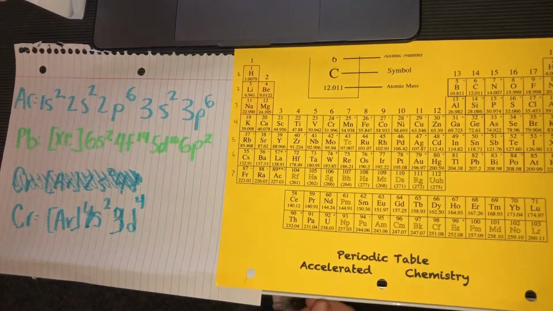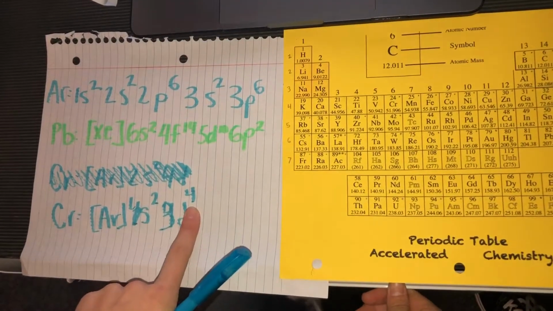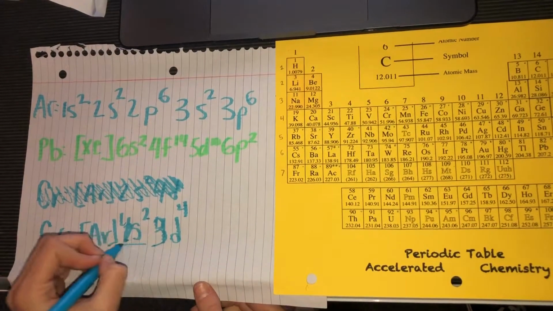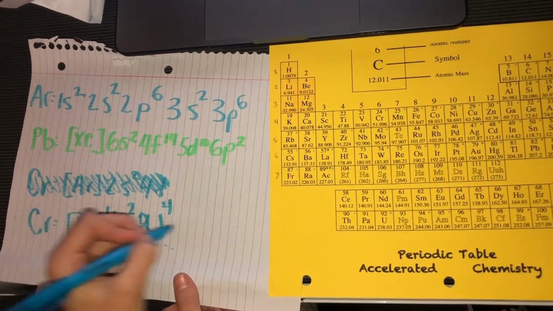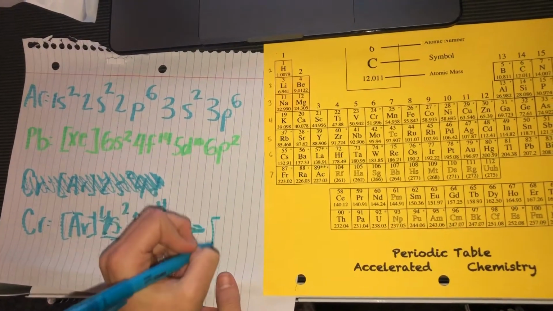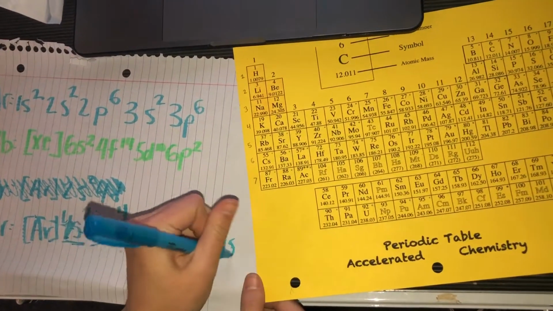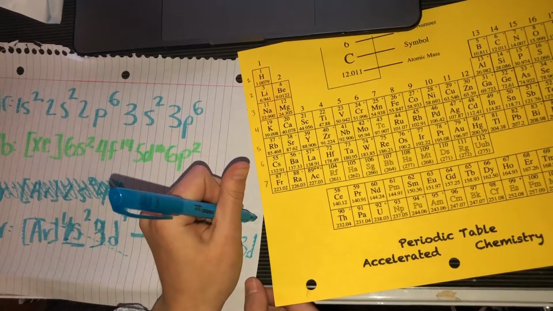But see, this is wrong because for a half-filled orbital, D would want to have 5 electrons. So what you do is you take 1 electron from the valence orbital, from S, and you make it argon, 4s1, 3d5. Now let's talk about orbital diagrams.